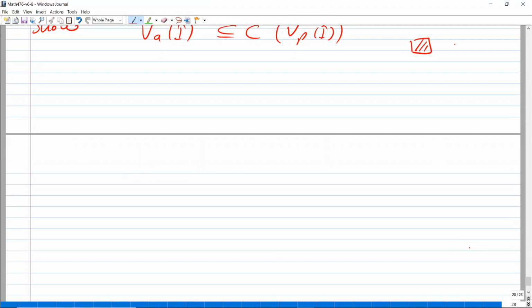There were two pieces. If I is a proper ideal in k[x1, ..., xn+1], then its zero set is not empty.